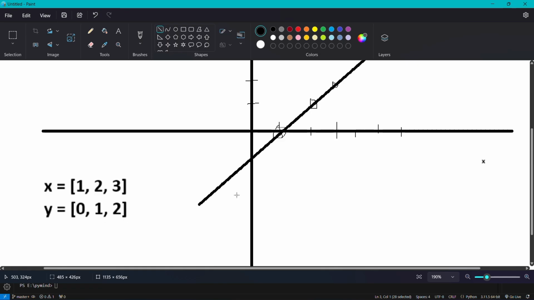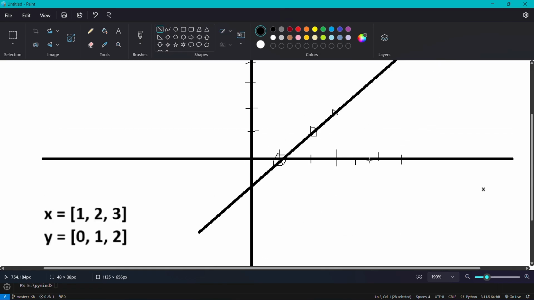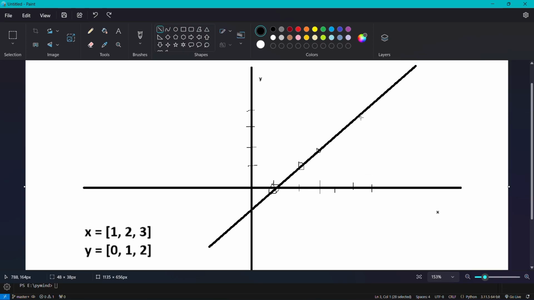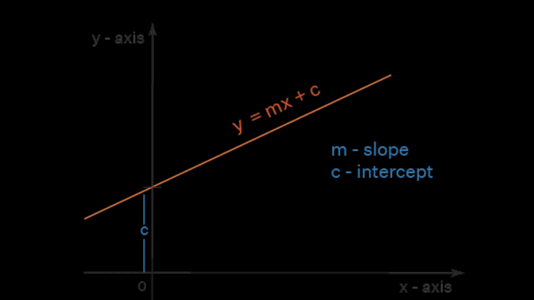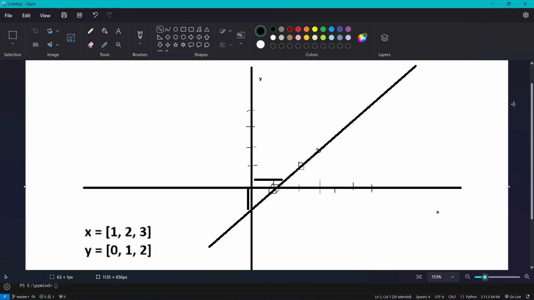So what the model does is, it finds its slope and then the intercept. The intercept was, I guess, this part. And this is the gradient or the slope.